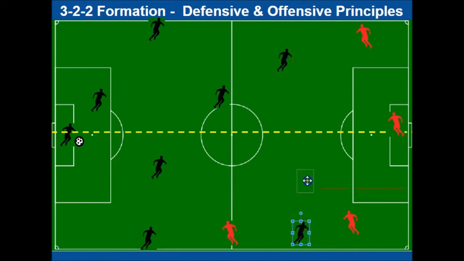And the reason why we want this big shape is we give a multitude of different lines. We've got the back line, midfield line, and the strikers in their line. And we give a multitude of different angles where we can look to advance the ball. Now, good defenders always do two jobs, or 1.5 jobs it's sometimes called.